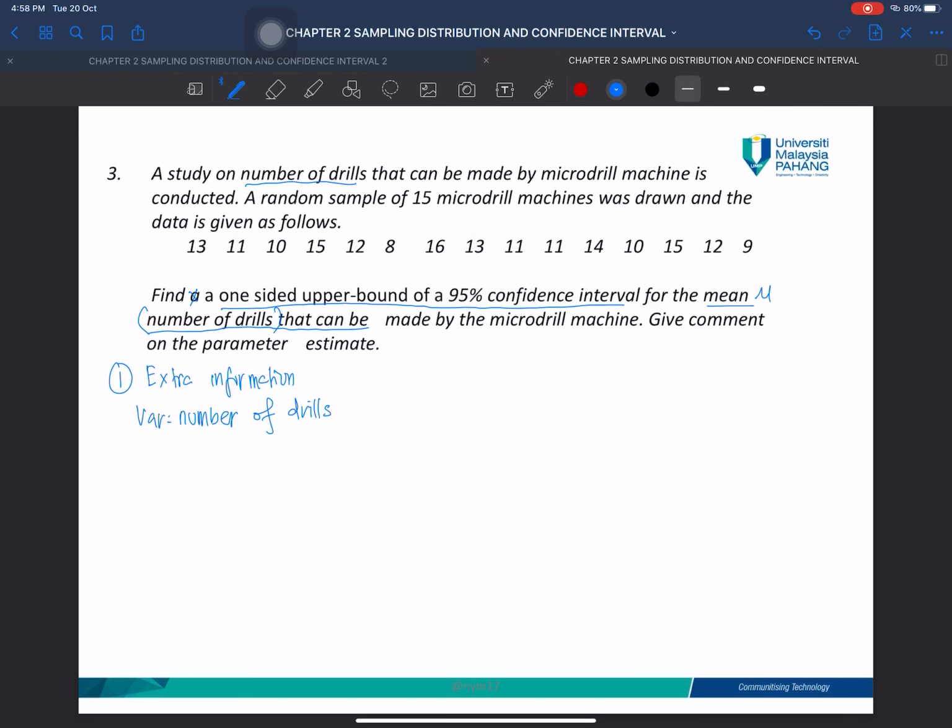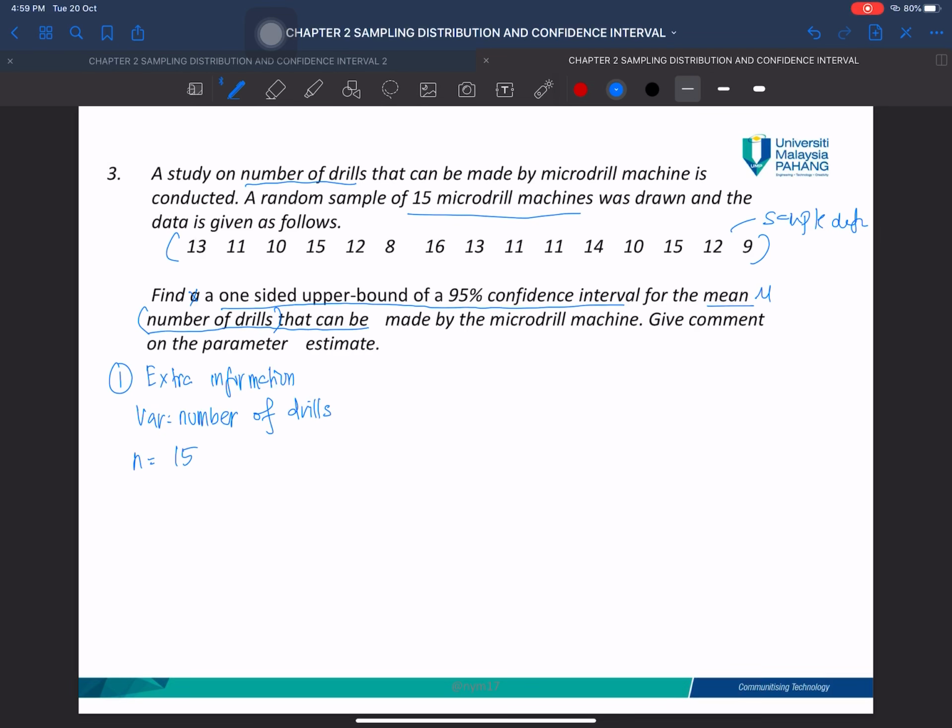The first information here, a random sample of 15 micro drill machines. So n equal to 15. The data here is a sample data, so automatically any value that you calculate from this data will produce a statistic value or sample value.